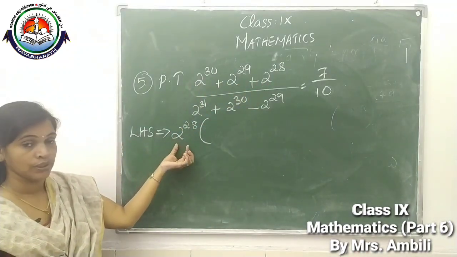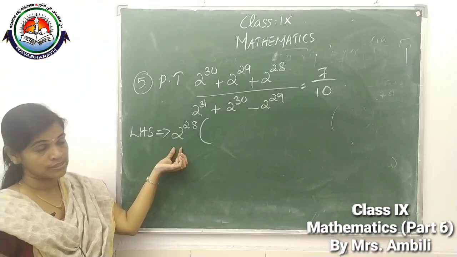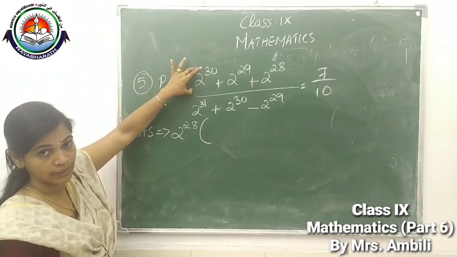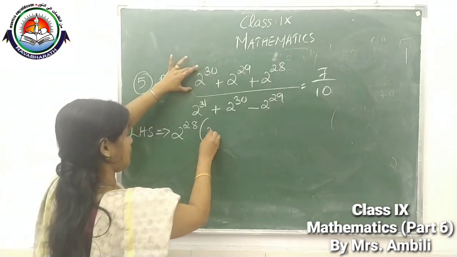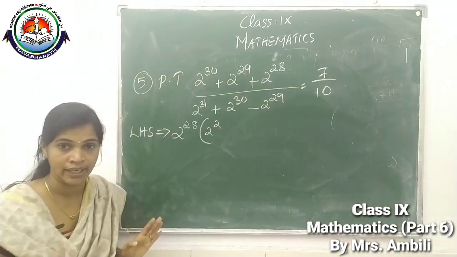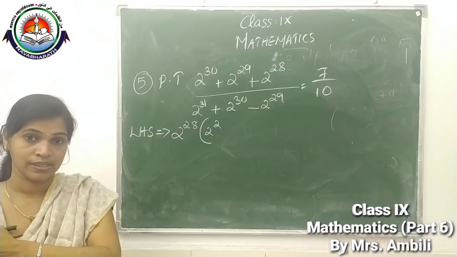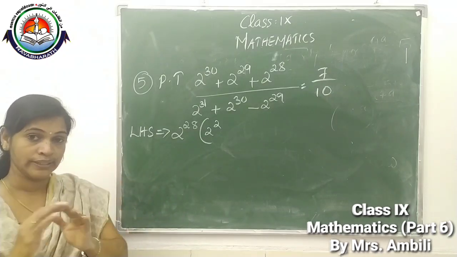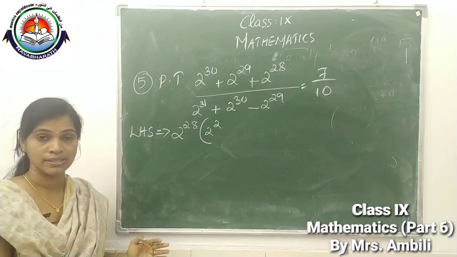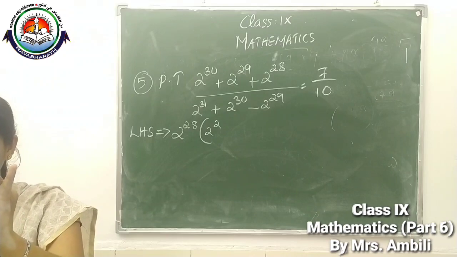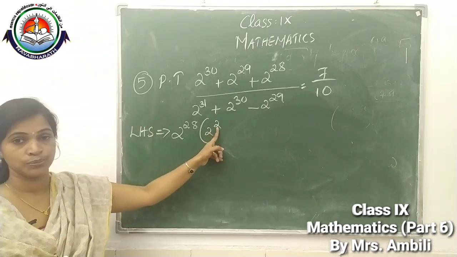So when I took 2^28 outside, what is remaining in 2^30? 2^2 is remaining. Clear? From 2^30, that is 30 times, from that 28 times I took outside. So what is remaining after 28, 29, 30? 2 2's are remaining. That I wrote here 2^2.